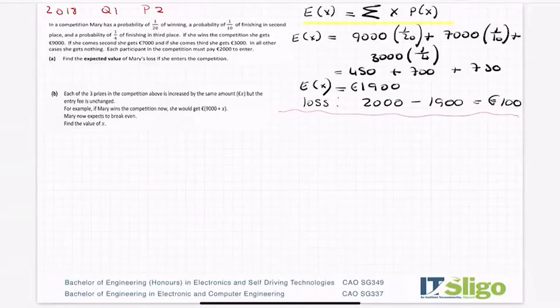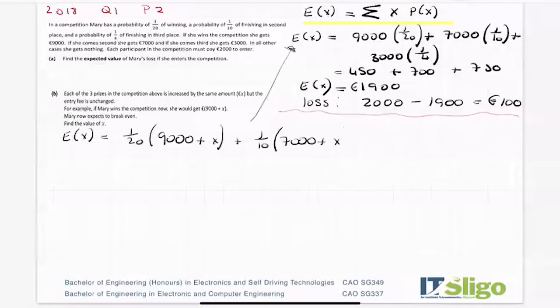Find the value of X. Okay, so we want to increase each of the prizes by X euros. So now our expected value of X would be 1/20th of 9,000 plus X, plus 1/10 of 7,000 plus X, plus 1/4 of 3,000 plus X. And we want to break even, so we want our expected value to end up being 2,000. And I need to solve this for X.